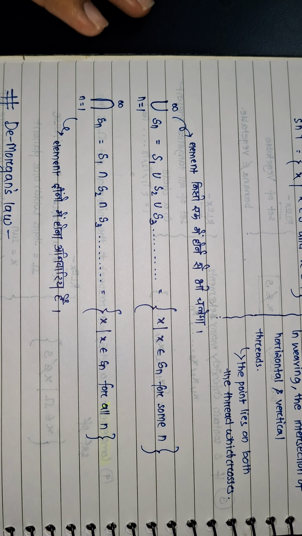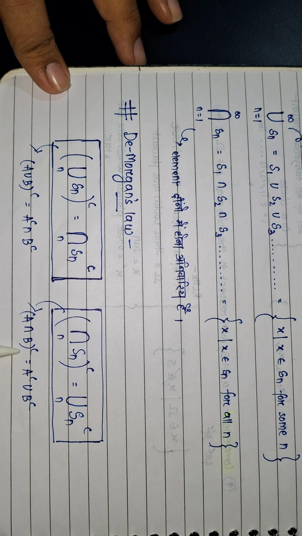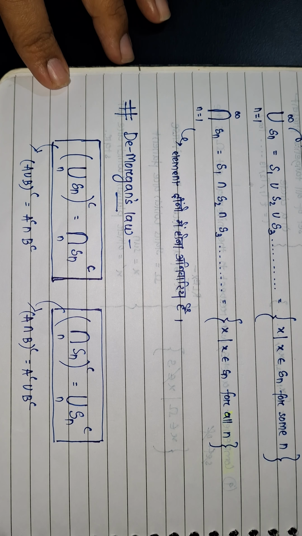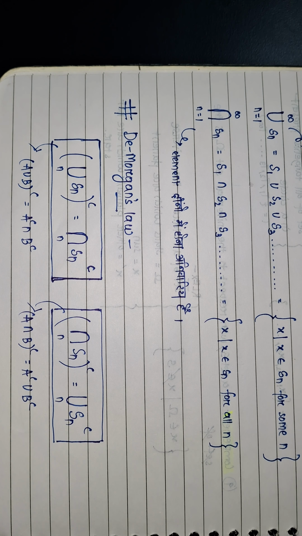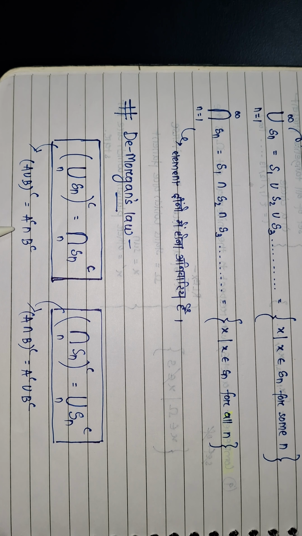Okay, let's move to the most important one, De Morgan's law. You read this, then you will be able to understand this one. If we take a union of two sets and complement it, then we can simply write it as the complement of individual A set intersection complement of individual B set.